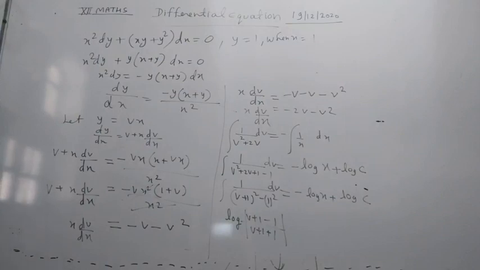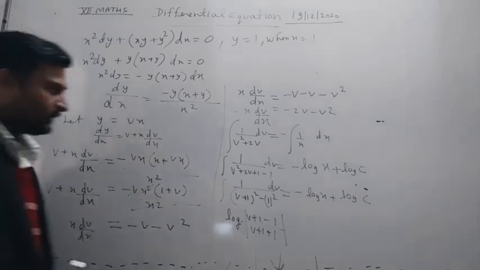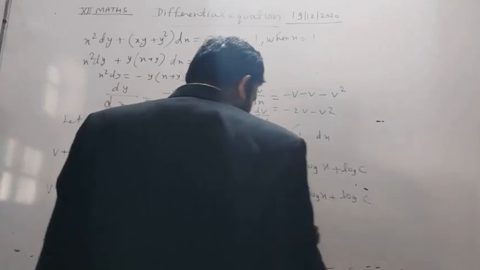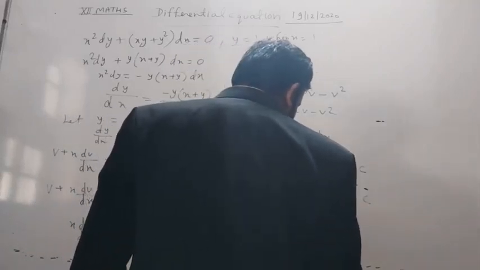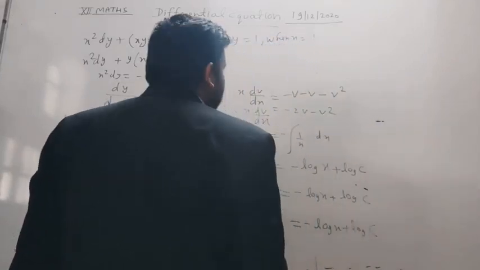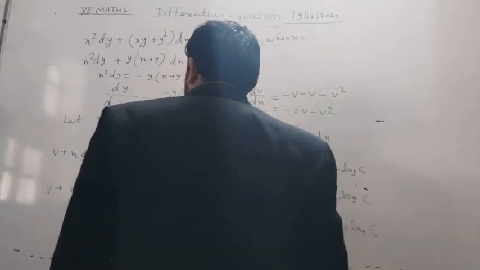Now the remaining term is minus log x plus log c, and this term is cancelled.